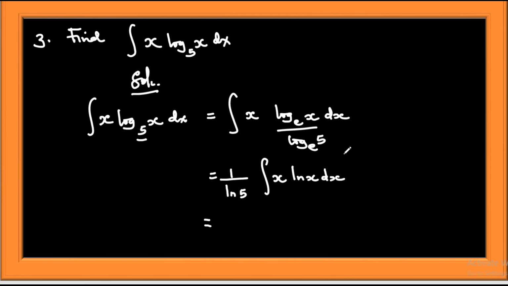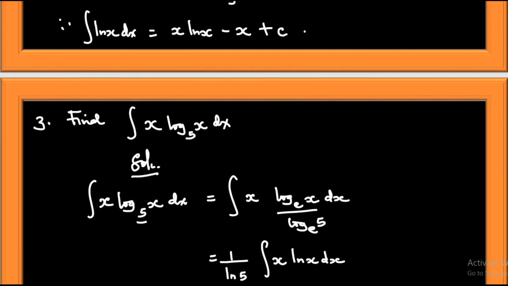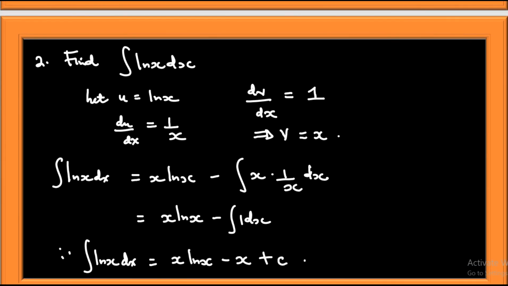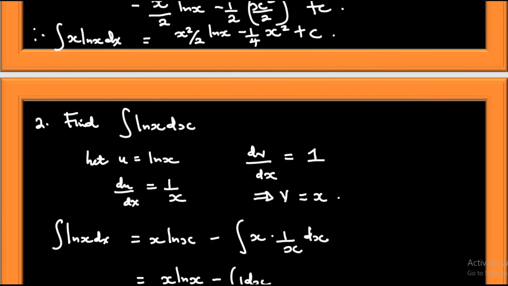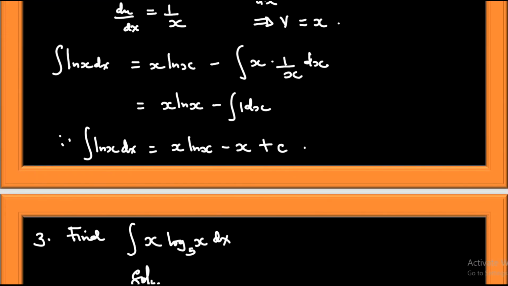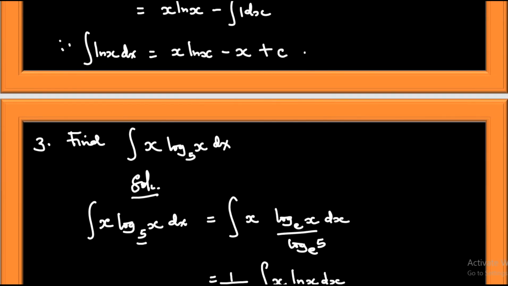So I would prefer that when we refer back to our question 1, our final answer was x squared over 2 ln x minus a quarter x squared plus c. So you will allow me to quote this because the whole procedure remains the same.